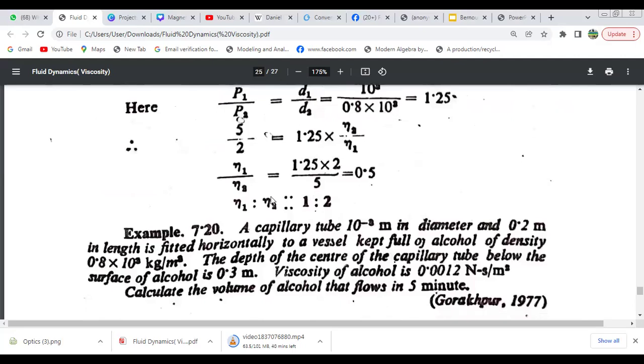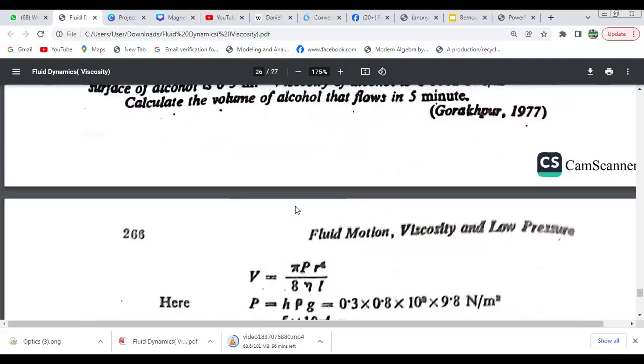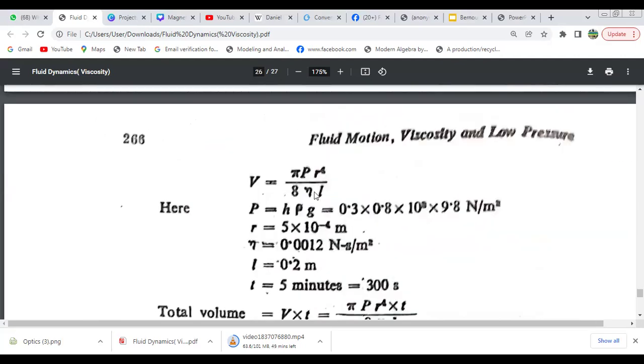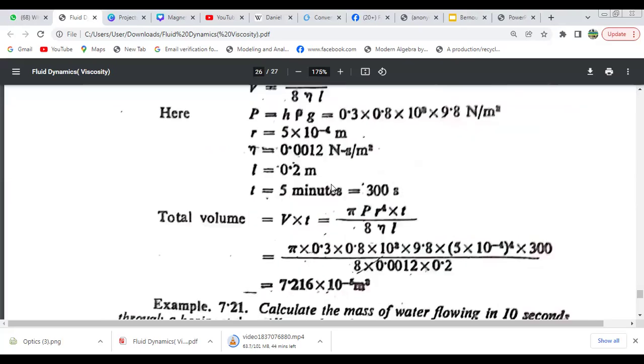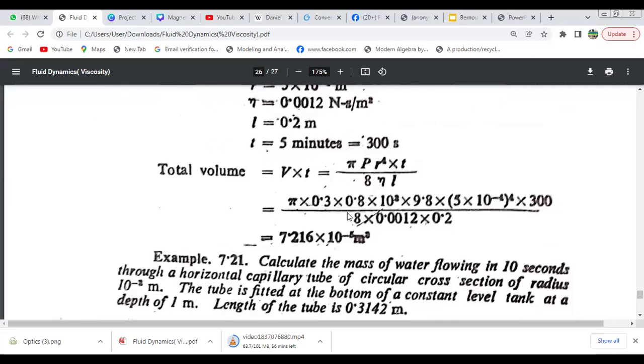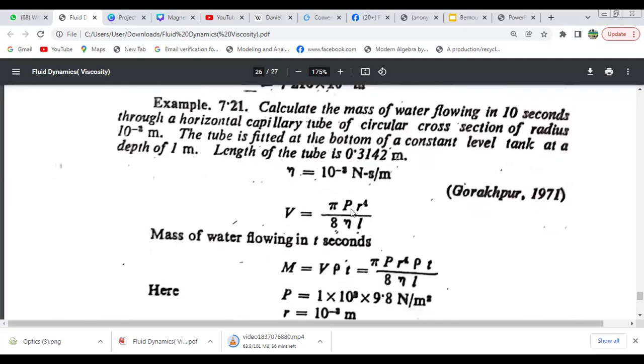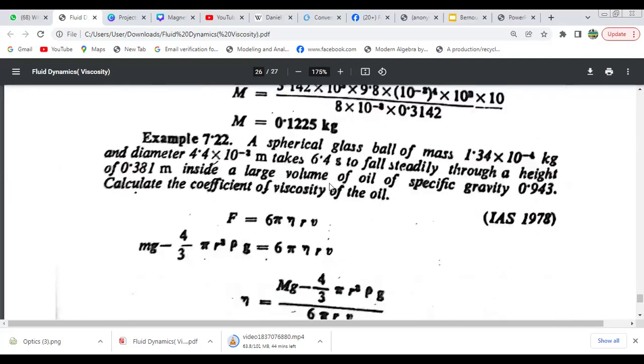We get the ratio of the coefficients of viscosity. A similar example using Poiseuille's equation, and pressure equals h rho g. The total volume can be calculated. Same example.